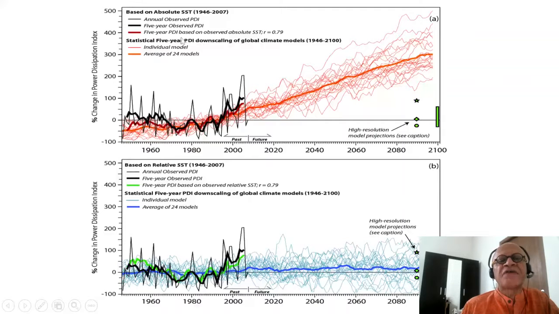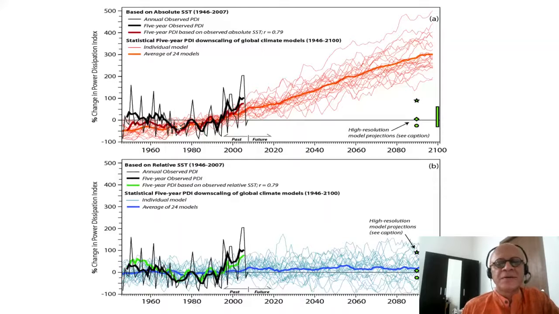So the 5-year observed PDI and 5-year PDI based on observed absolute SSTs is shown. What do we mean? Basically, we cannot say for sure whether the tropical cyclones care about the absolute SSTs or the deviation from the climatology, so anomalies. For example, whenever we do climate modes like El Nino, Indian Ocean Dipole, NAO, PDO, Atlantic Nino, AMO, whatever you take, we are always looking at anomalies, and a lot of the teleconnections, processes, predictions, everything is done with respect to anomalies.